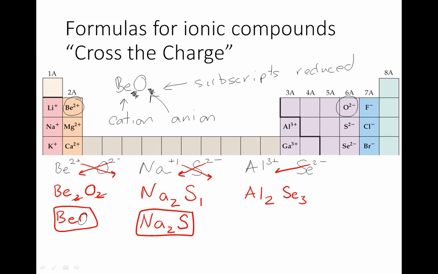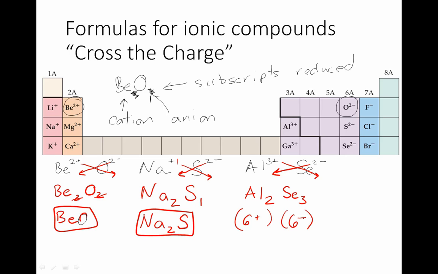I hope you got two aluminums mixed with 3 seleniums, meaning you need 2 aluminums in order to balance out 3 seleniums, because that would give you a total of 6 positive charges balancing out with 6 negative charges. So 6 plus would be on this side and 6 minus would be on that side, so they're balanced out. So that's the same thing as cross the charges.